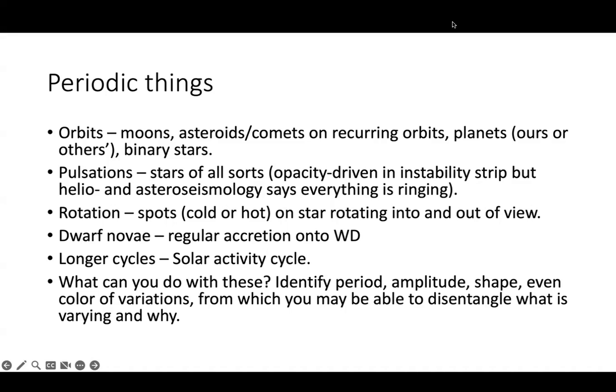So the opacity changes, which causes the star to puff up or collapse. And so you end up with this kind of instability strip puffing up and collapsing pulsations. This is the kind of RR Lyrae kinds of pulsations.